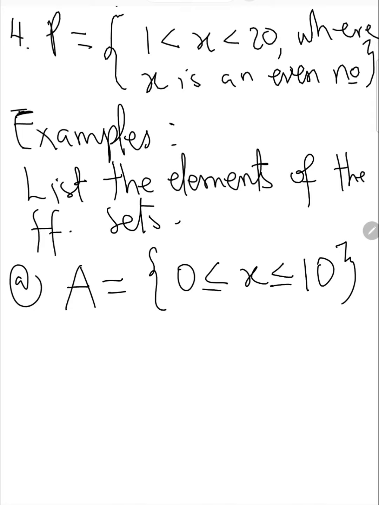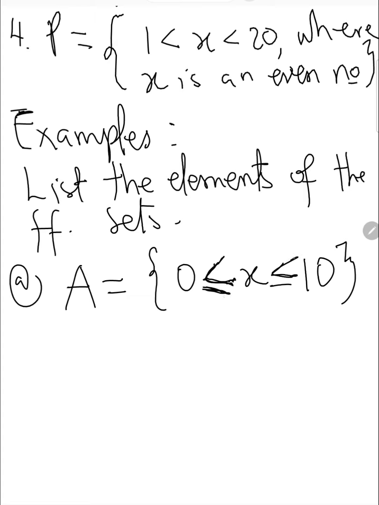Now let's look at the set A. The set A is equal to x lying between 0 and 10 inclusively. Why am I using the word inclusively? I am using it because we have greater or equal to in it, right?